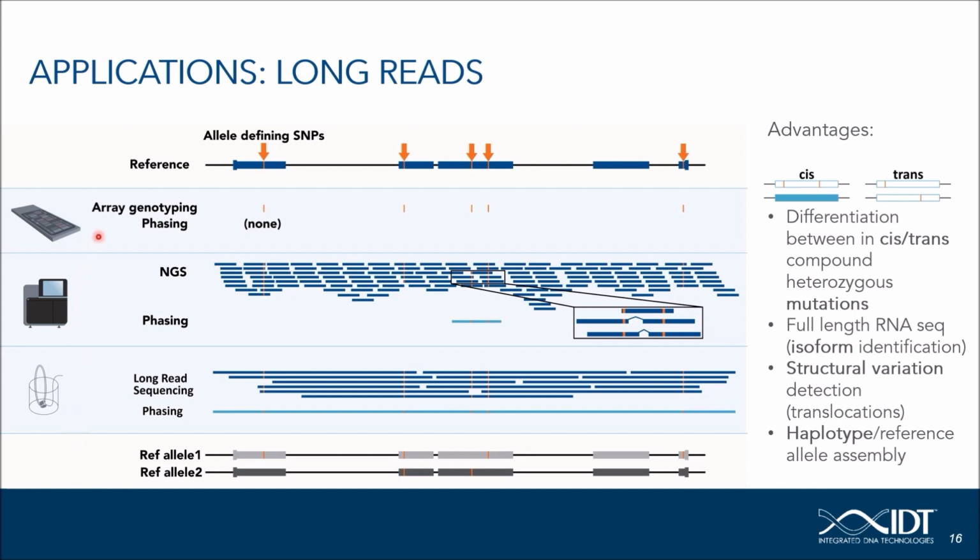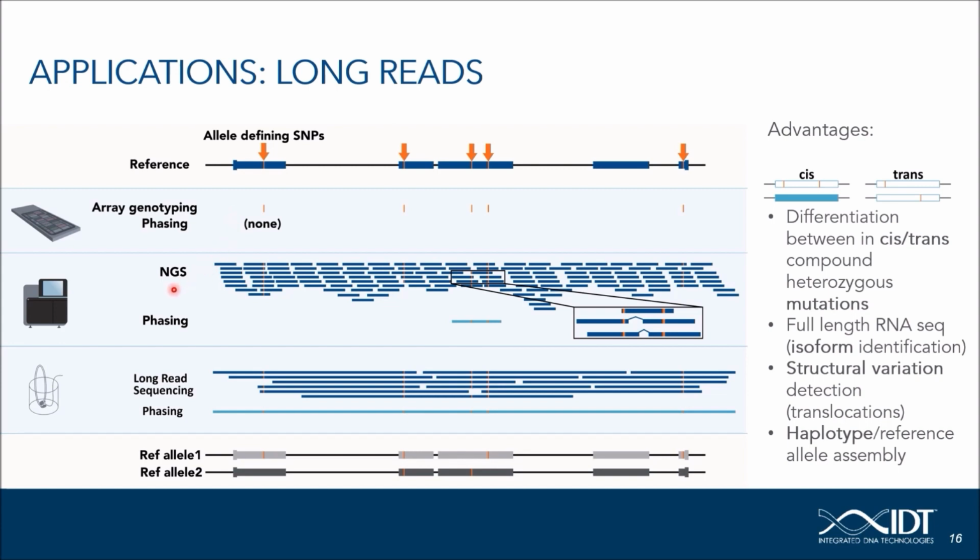The array genotyping would only resolve some predefined positions, indicated by the allele defining SNPs that you considered in the design of your respective array chip. However, with these positions, it's very difficult to really resemble your reference alleles, as you only get the information whether your SNPs are present in a heterozygous or in a homozygous configuration.